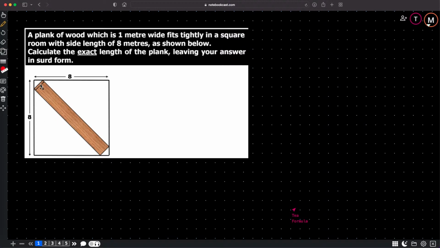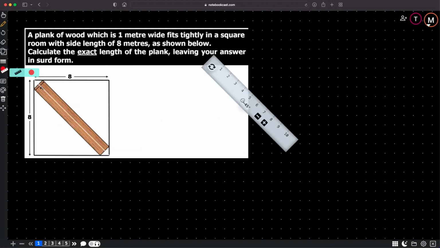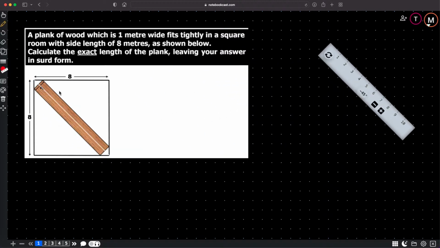So if I want the length of this plank of wood, the issue is, well, I can find the diagonal of this square with not too much trouble because I know about Pythagoras.